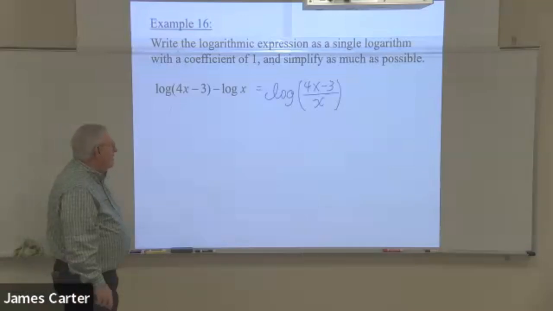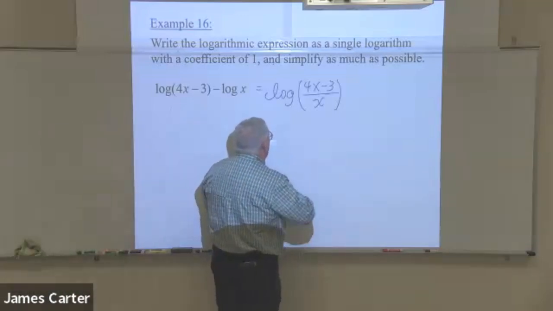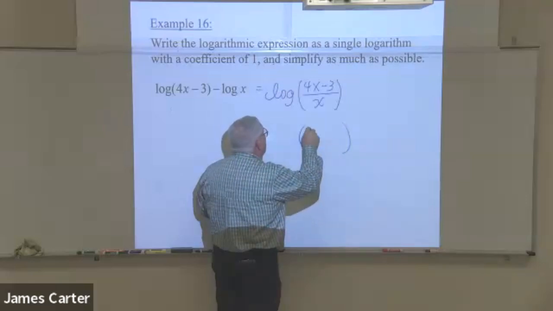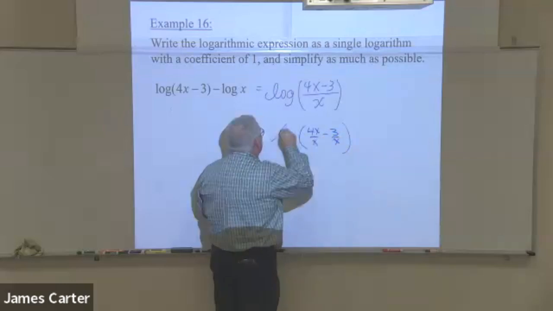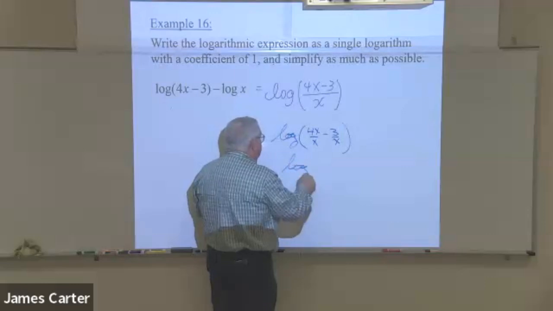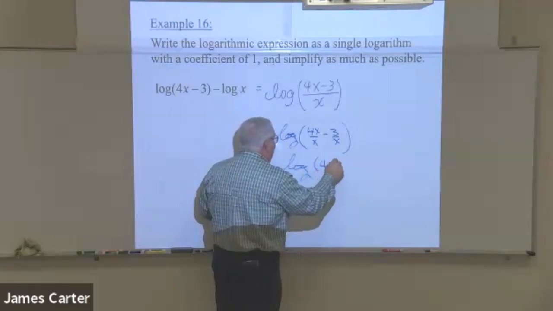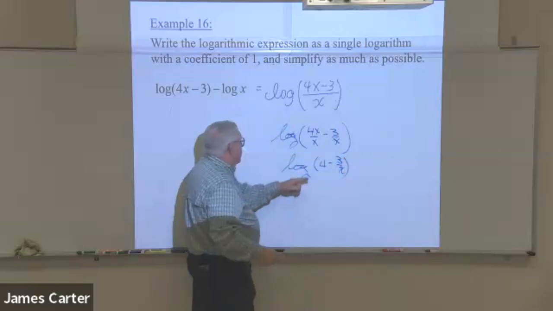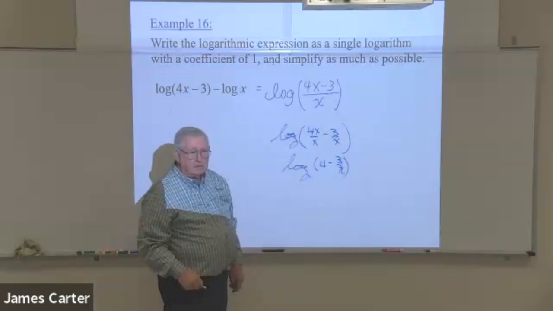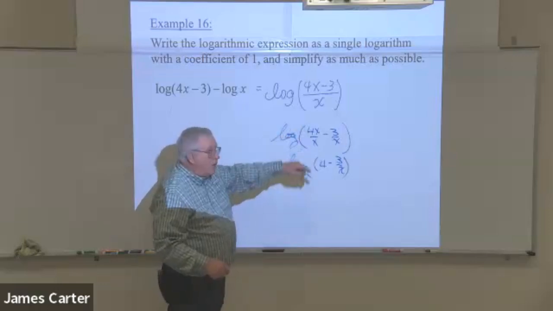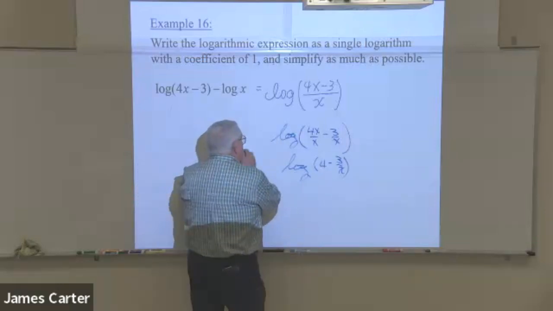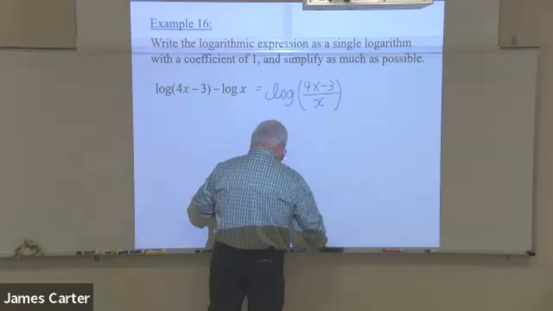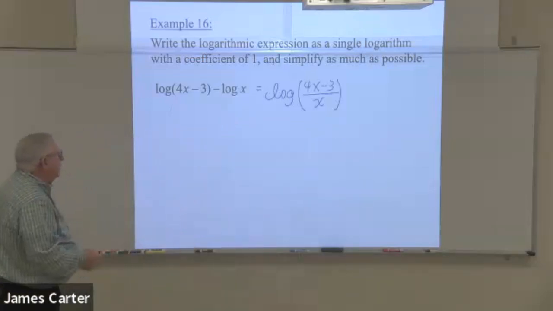The only other thing you can do, and it really wouldn't help, is you could change this parentheses to 4x over x minus 3 over x, and then you could do 4 minus 3 over x. And there is absolutely no gain in doing that. If anything, it makes it more complicated. But if there had been an x and a 3, your question was correct.